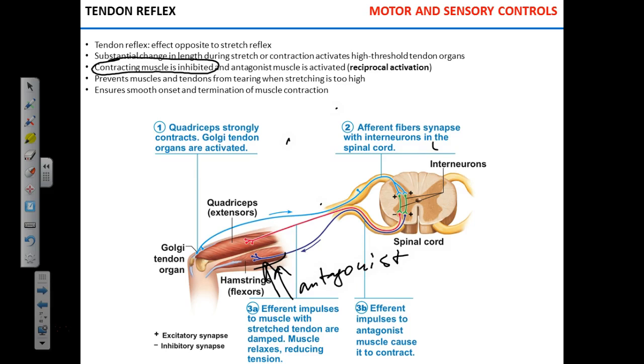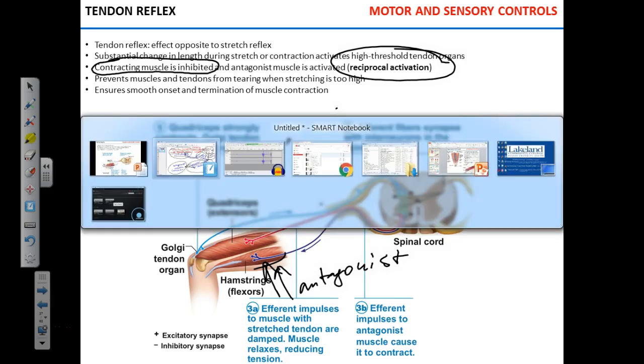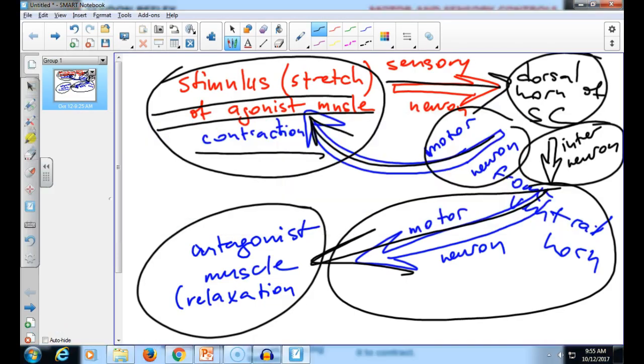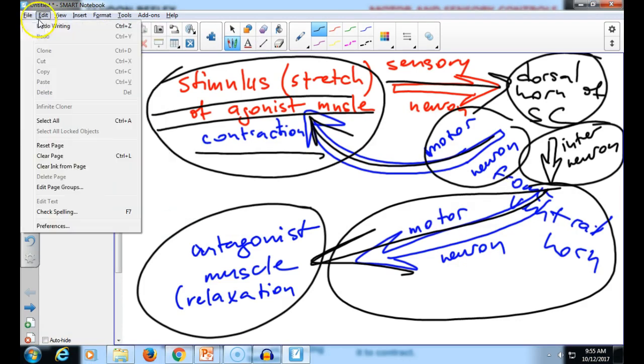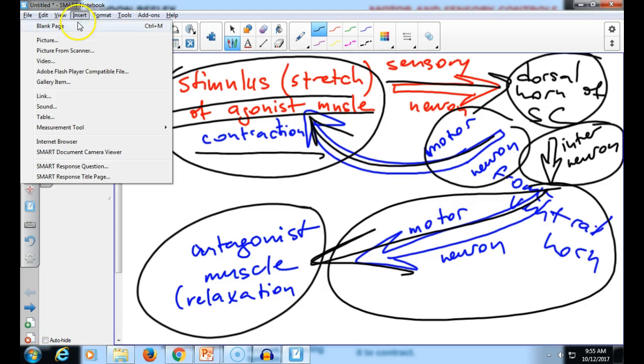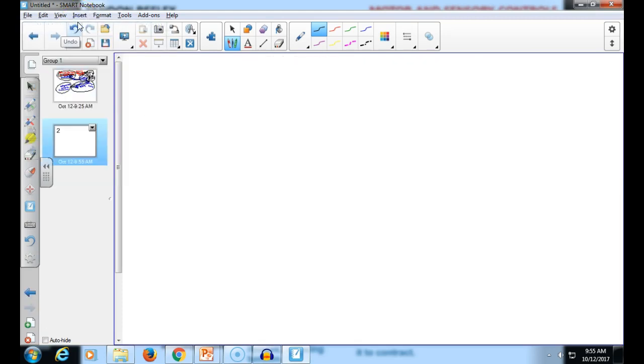Does that make sense? So this is called reciprocal activation. Does that make sense? Okay, let me do the drawing of the tendon reflex again. Okay?